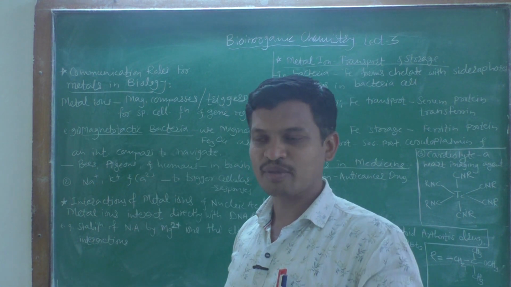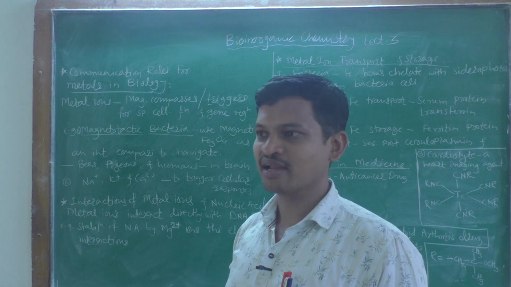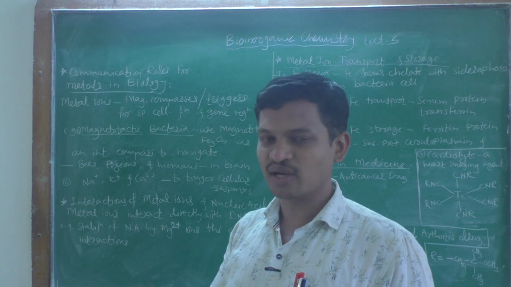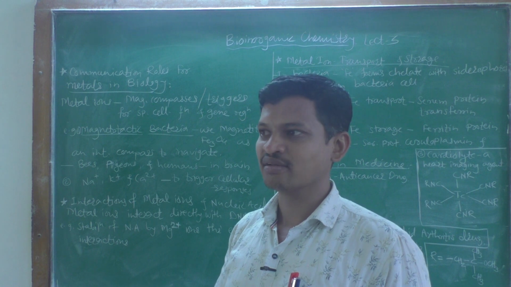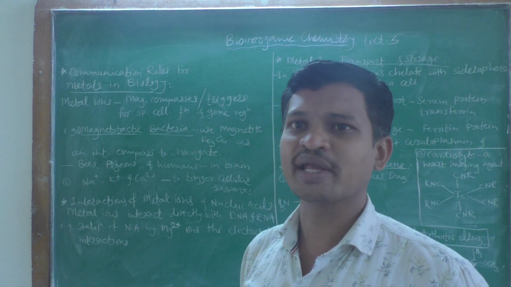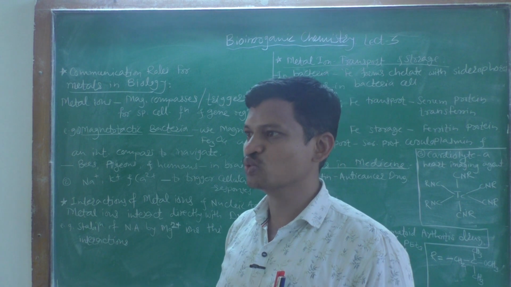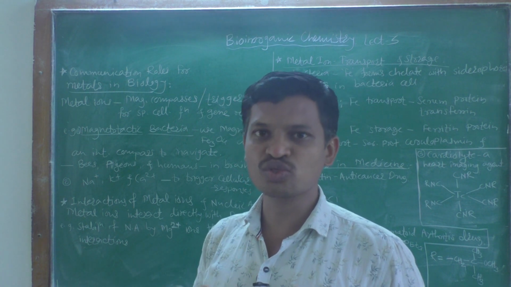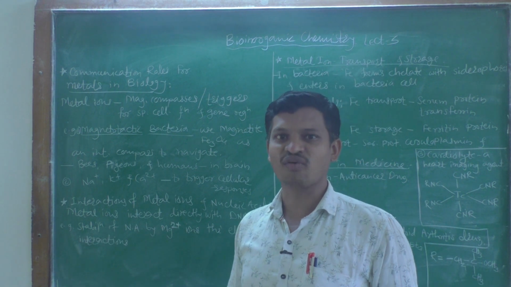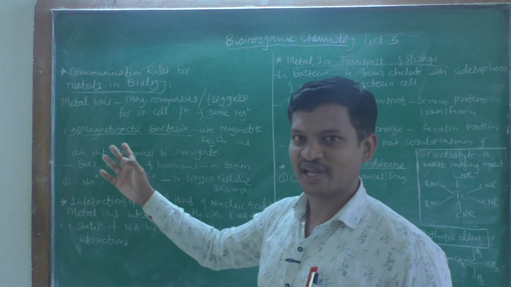We know that a magnetic compass has a magnetic needle, and that needle orients itself in the south and north direction, opposite to the direction of the earth's magnetic field. That's why the magnetic compass is used for navigation in the ocean, seas and in the forest. So this is the role of different metal ions.